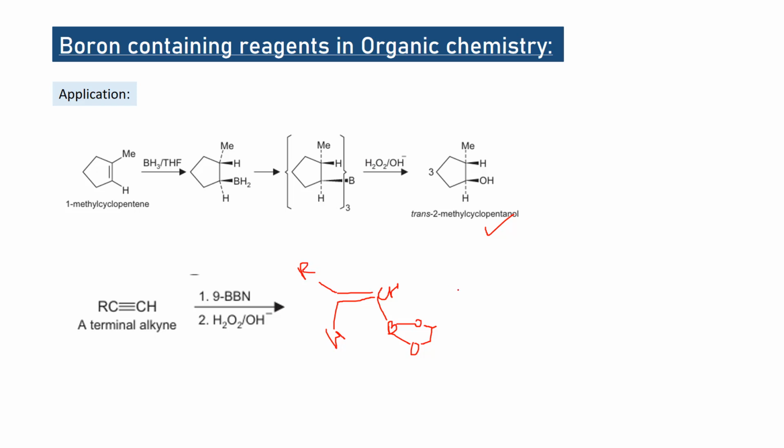After that, if you add H2O2 and NaOH, this carbon-boron bond will be replaced by an oxygen and it forms an OH. After that, it will undergo tautomerization and form an aldehyde as our product.